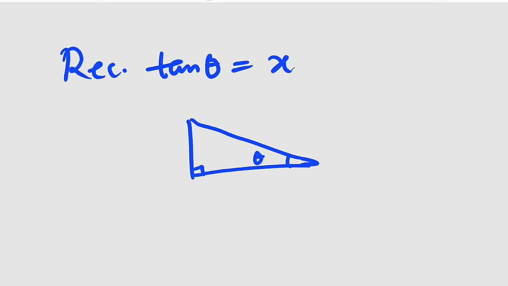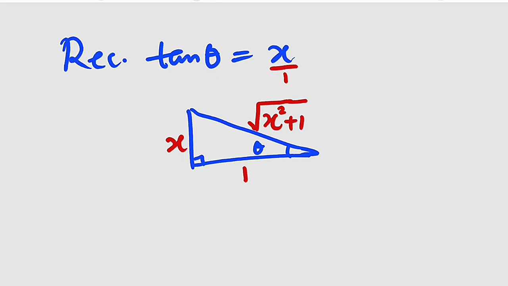Tangent theta is opposite divided by adjacent. So we can rationalize this as x divided by 1. It doesn't matter. So the opposite is here and the adjacent is here. What about the hypotenuse? It is going to be the square root of this squared plus this squared, right? So it is going to give us the square root of x squared plus 1, or 1 plus x squared, all the same.